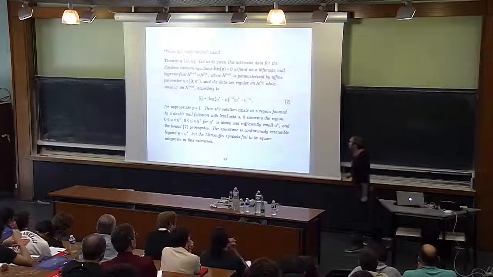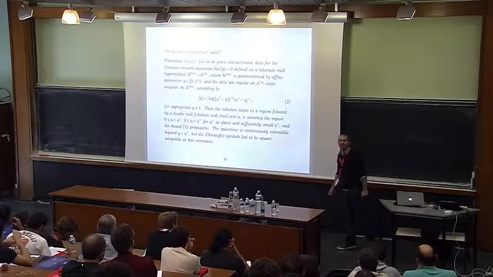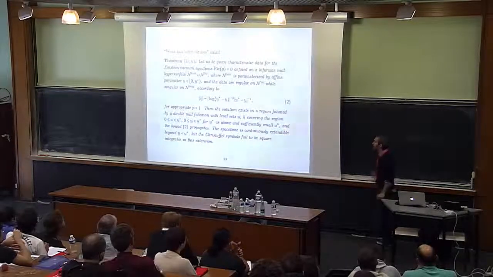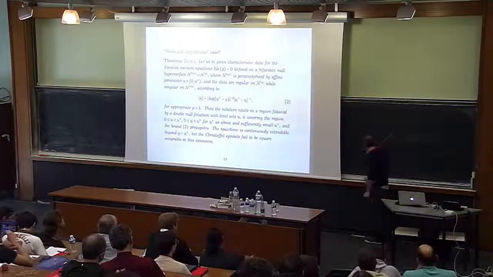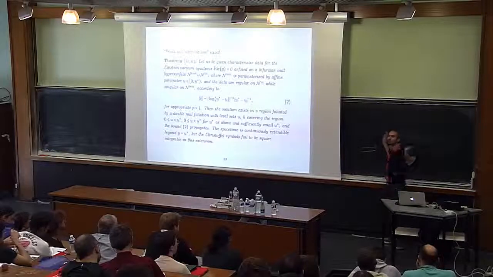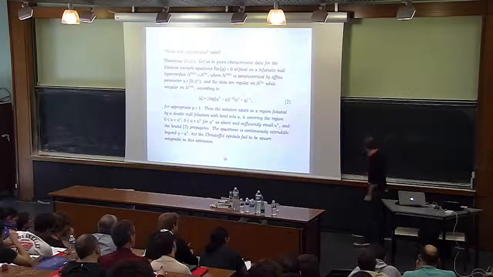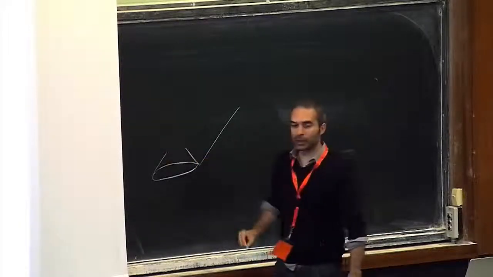The way you construct this is you prove a local existence theorem for characteristic initial data for the Einstein vacuum equations. You set up characteristic initial data on an outgoing null cone. The word outgoing doesn't really mean anything in this context. You'll have initial data here and initial data on a conjugate ingoing cone.